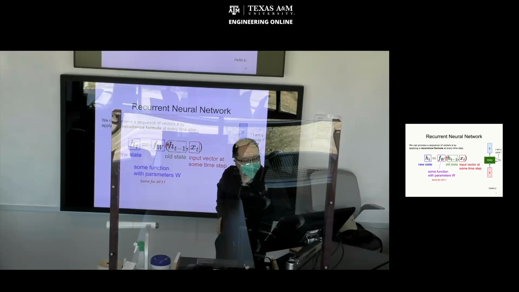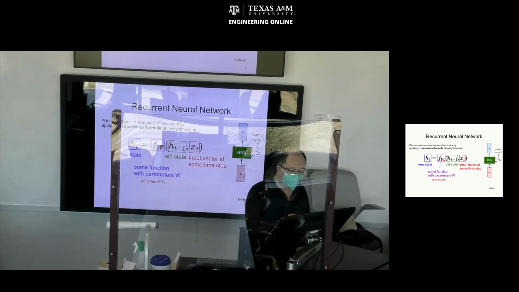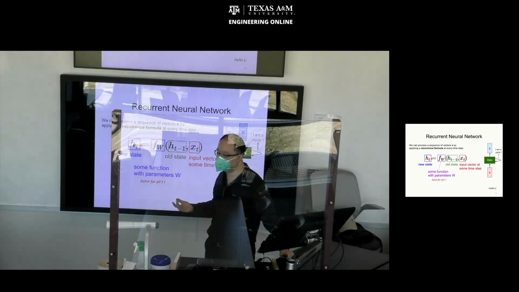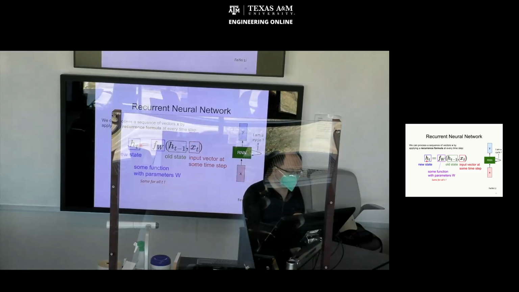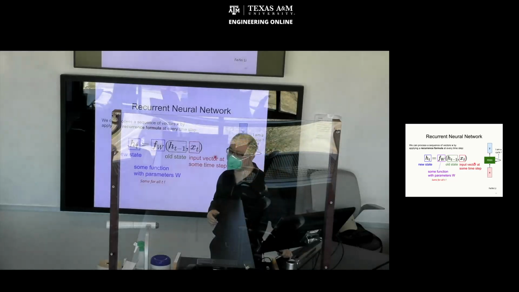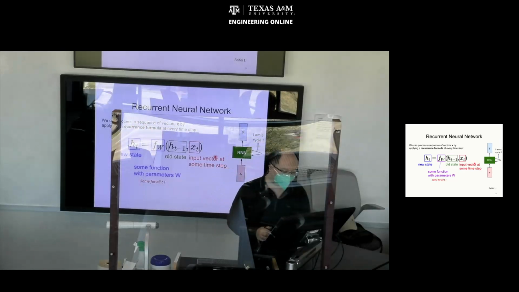So the recurrence is reflected by the fact that I am using the same w for all the time t. You can think of what h of t plus 1 equals to: f sub w of f sub w of this one, comma x sub t plus 1. In that sense, it's recursive.